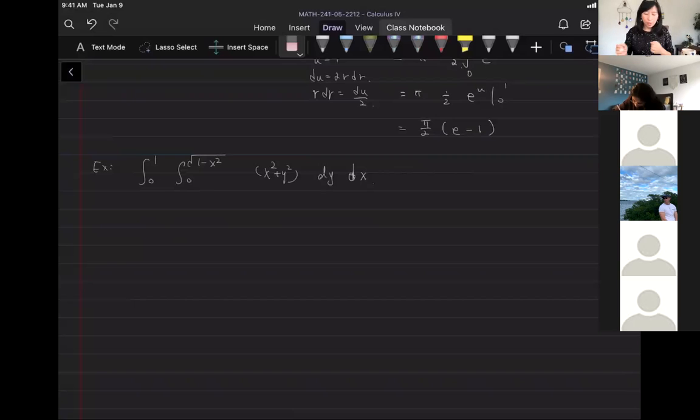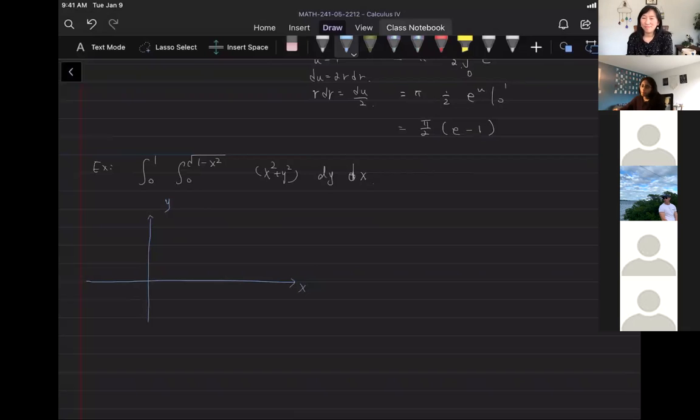Be really careful. This is very easy to make a mistake. Is your graph a semicircle or a quarter of a circle? Quarter.